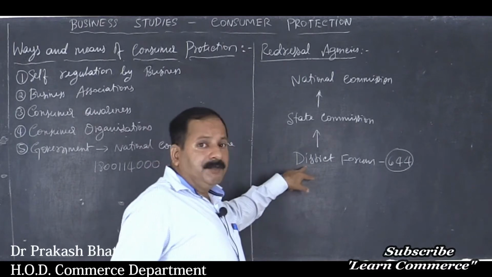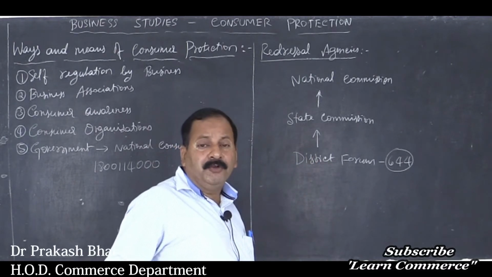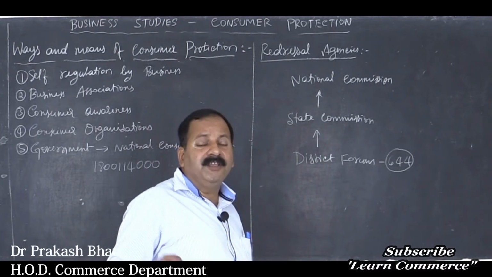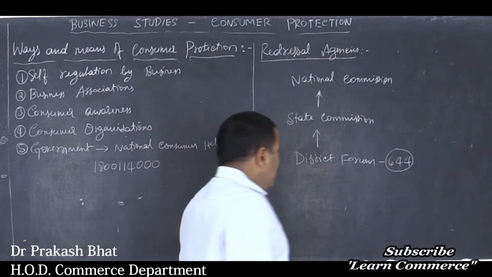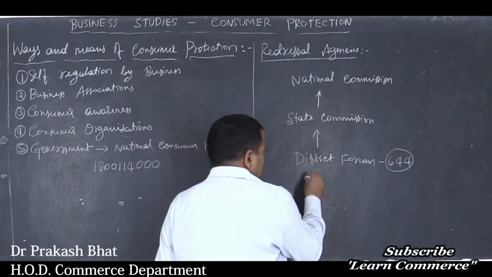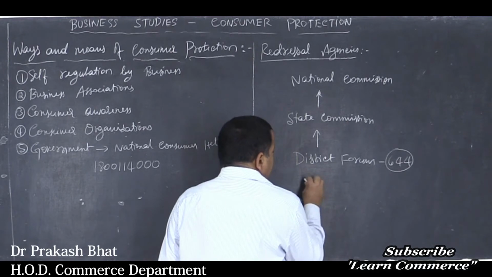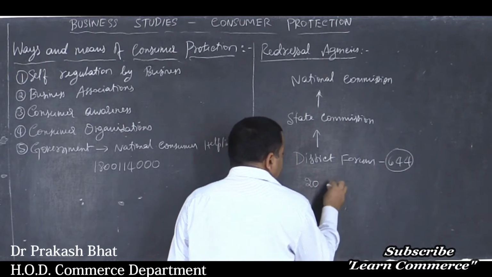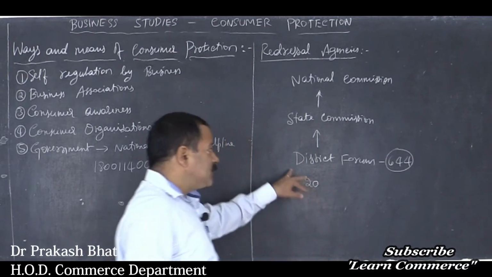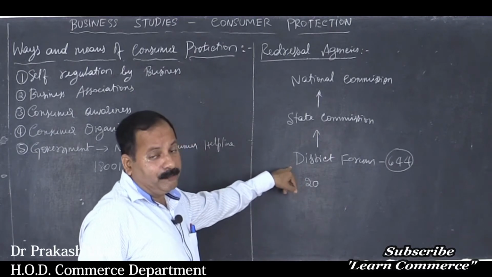He can file a suit if the value of the goods and compensation claimed is not exceeding 20 lakh. That means 20 lakh also comes under the jurisdiction of district forum.